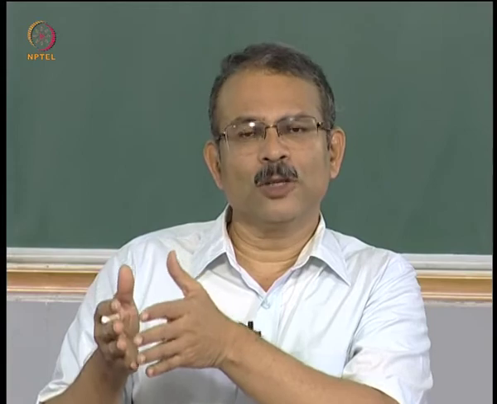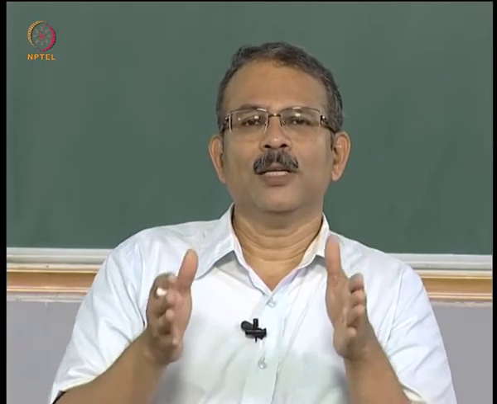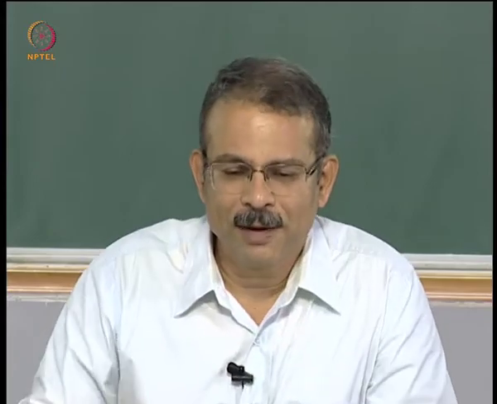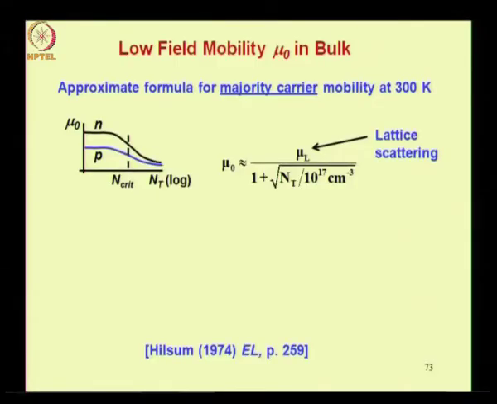It can even go beyond in some cases. So this is a very wide range. Evidently you cannot show the behavior on such a wide range on a linear plot. Therefore we have to choose a log scale for the total doping. On the other hand, in this graph the mobility is shown on a linear scale.